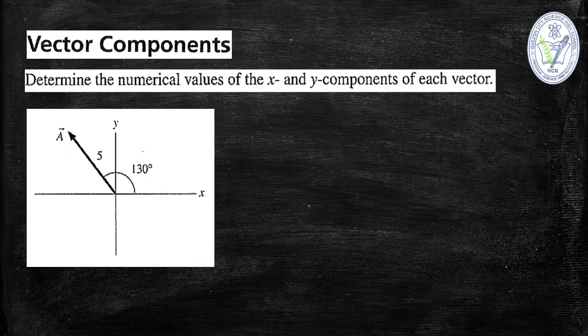So when we plot that to a Cartesian plane, we could see that it is plotted on the second quadrant. So what does it tell us? It tells us that the components of vector A would have the signs of negative and positive.